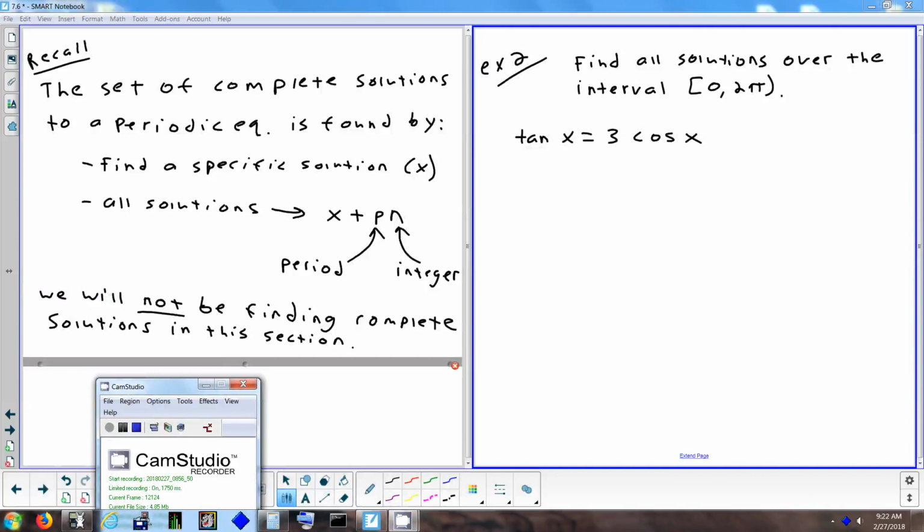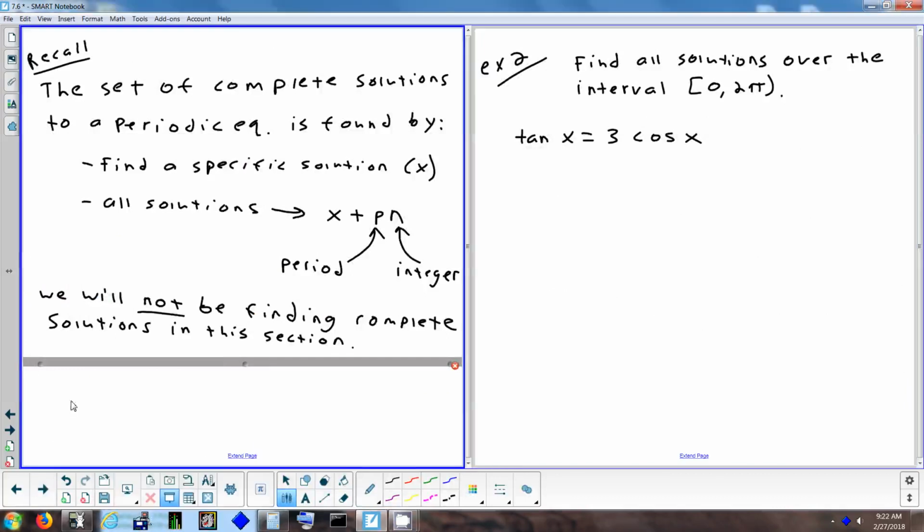Does anyone have a thought about which trig function I'm going to try to replace? There's really only one that you can replace, because the other one is already simple. It's one of the basic ones, and you can't really do anything with it.